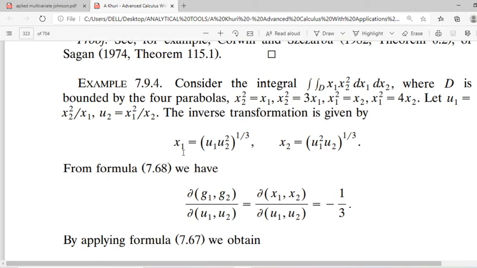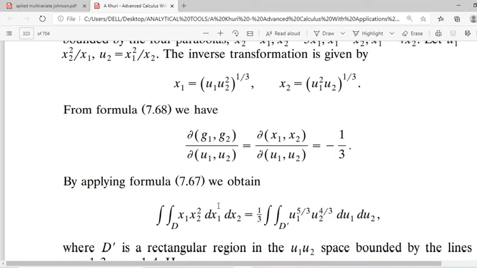What is dou x1 by dou u1 and dou x1 by dou u2? So you can apply the Jacobian formula. You have to try this to get minus 1 by 3; you may do it in your notebook. Take the determinant with dou x1 by dou u1 and dou x1 by dou u2 as the first row, and dou x2 by dou u1, dou x2 by dou u2 as the second row.